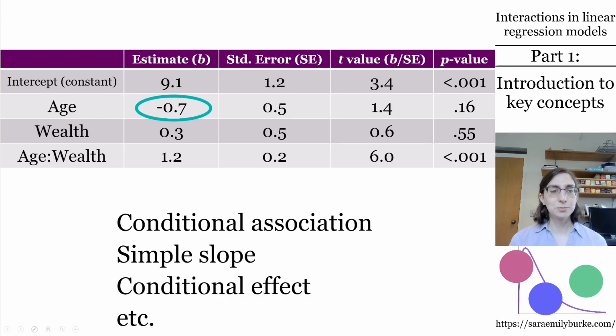What should we call it? A conditional association is a good general purpose term. Some people call it a simple slope. That's also reasonable. If the study is experimental, you might call it a conditional effect or simple effect. Really, you can use any combination of conditional or simple and association, slope, or effect to describe this kind of value.